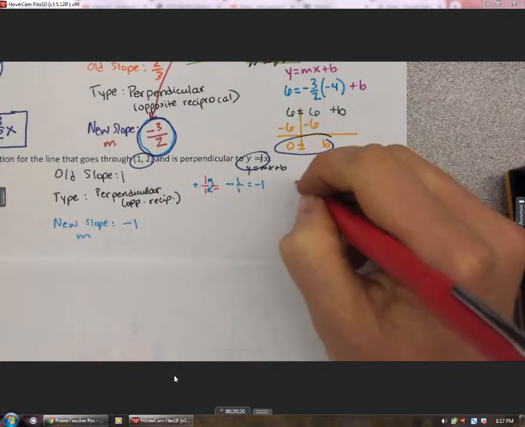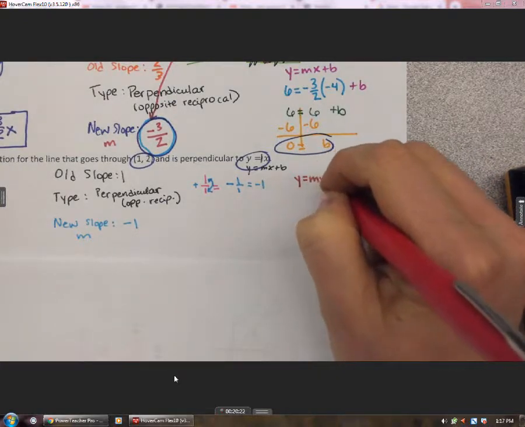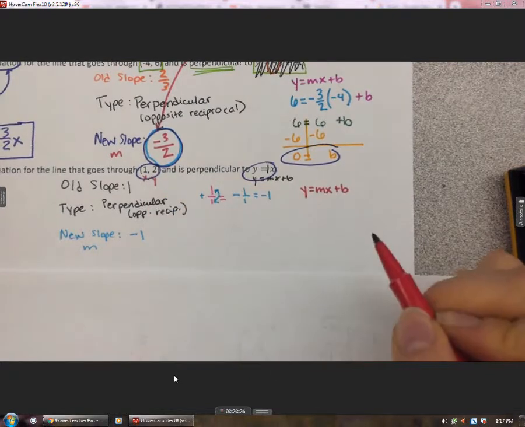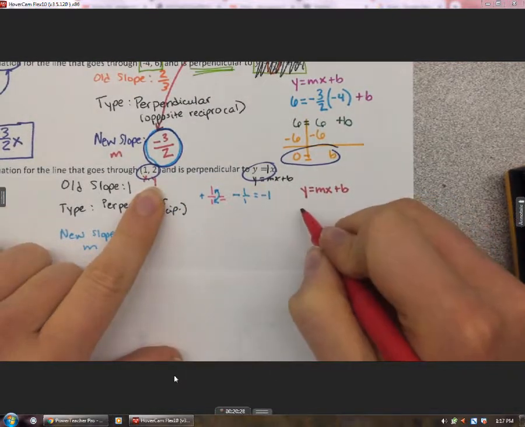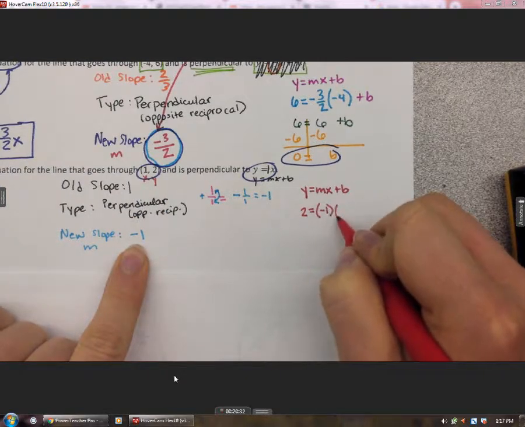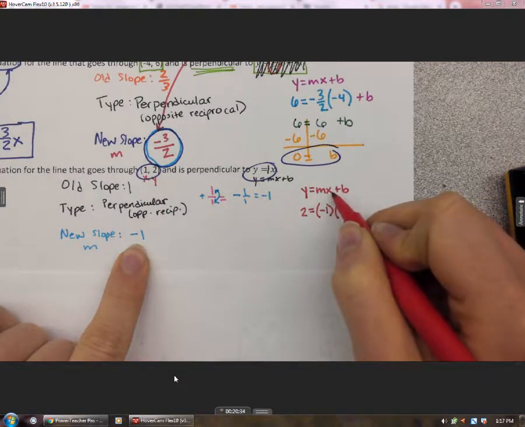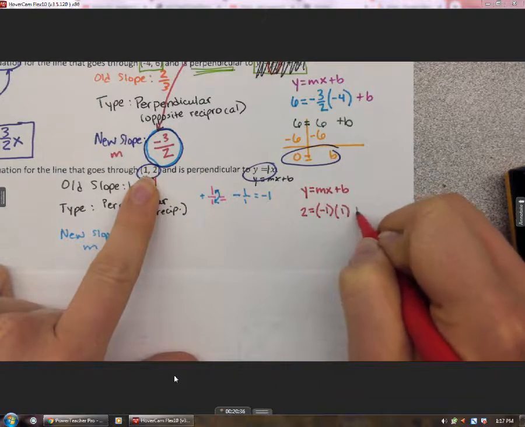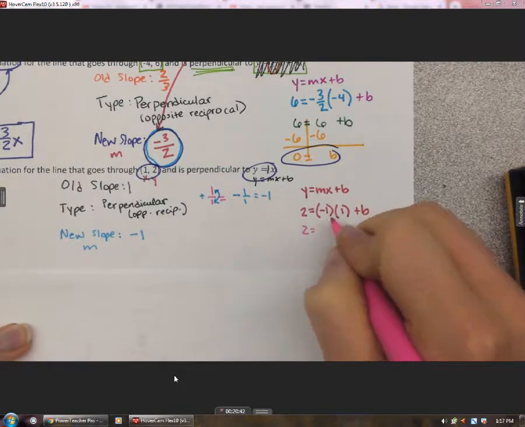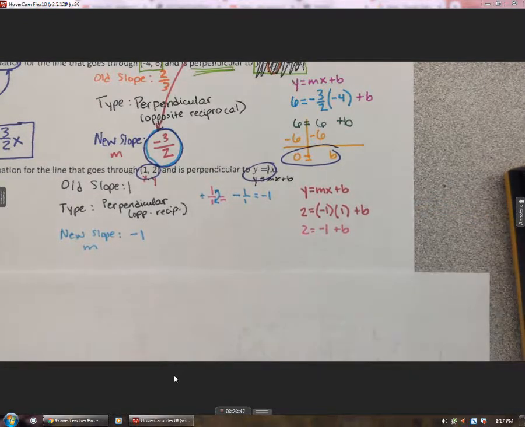Well, the rest is pretty straightforward from there. Y equals mx plus b. We have an x and a y. Y is 2. M we said was -1. X is 1 plus b. 2 equals -1 times 1, which is -1, plus b.